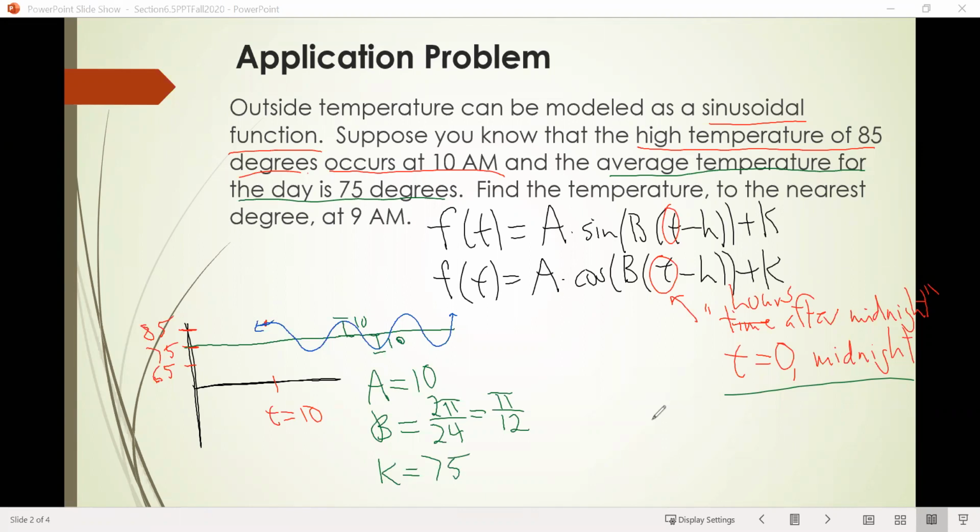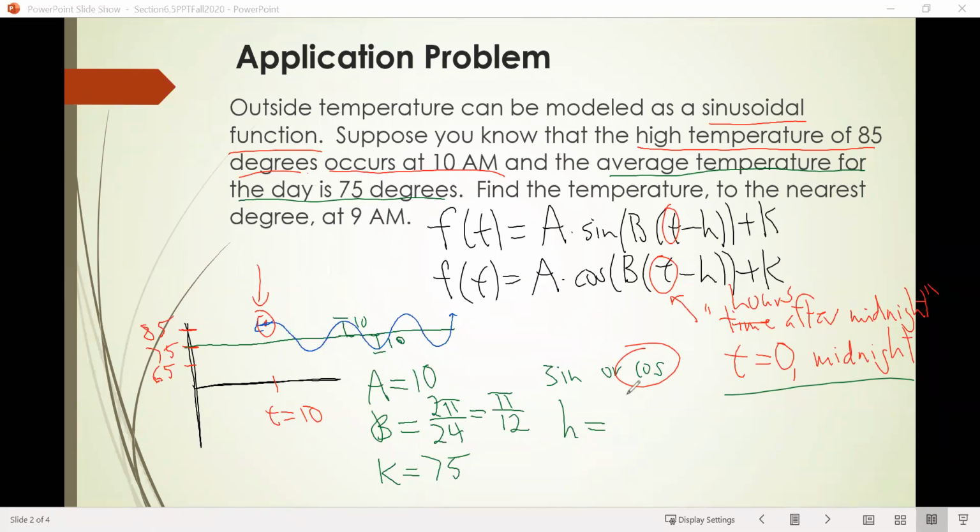And now the big question: is this going to be sine or cosine? It's kind of hard to tell. Note that the starting point, where the high temperature happens, is at a max value, which is off of the midline. And we know in general that if we're starting a function off of the midline, then that's a cosine function. So we're going to use cosine here. Also notice that for this cosine function, the starting point is not on the vertical axis.